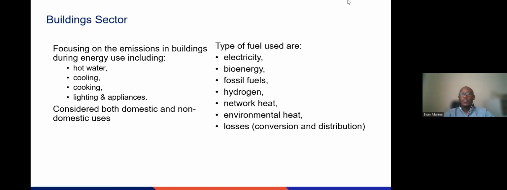And the types of fuel that we are looking at here were electricity used in buildings, bioenergy, fossil fuels like LPG, hydrogen, possibilities of having network heat and environmental heat, as well as losses, both due to conversion as well as due to distribution. So the building sector had 4 levers.